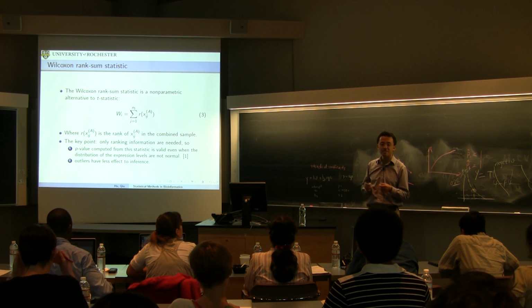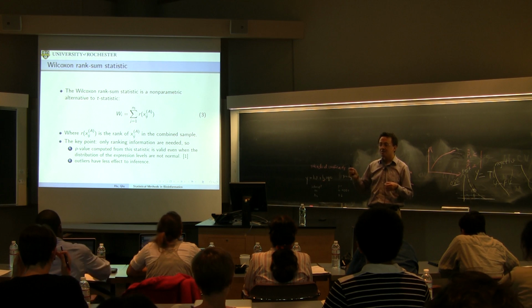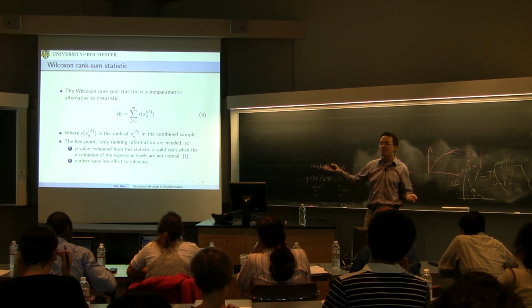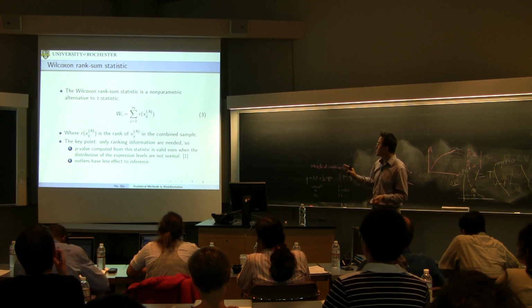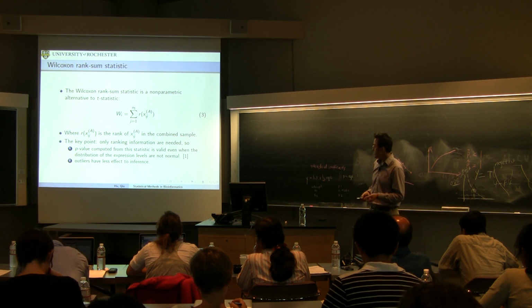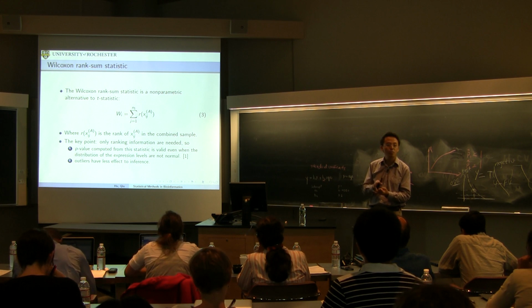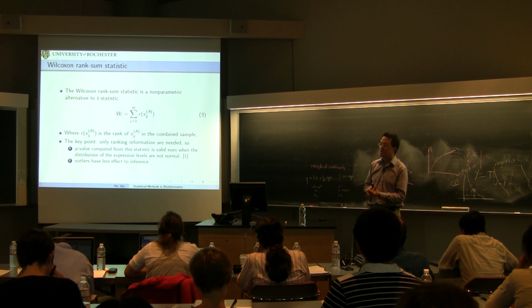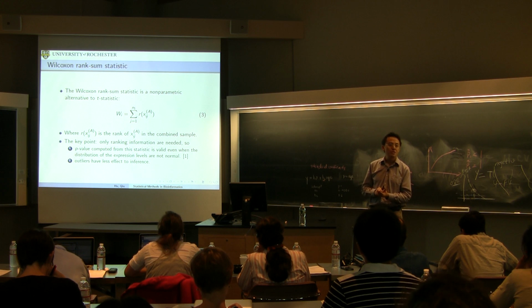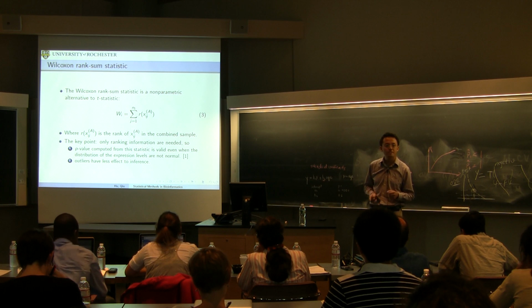But when you only consider the rank, no matter how big it is, it's just number one. So it's more robust. But another downside is if your data is truly normally distributed, using this is going to result in low power because you lose information. You only use the rank information to do your test.